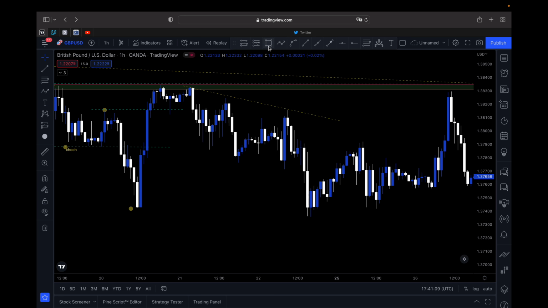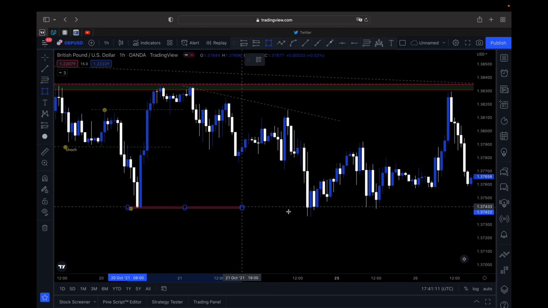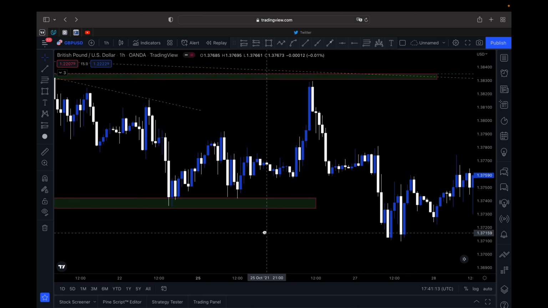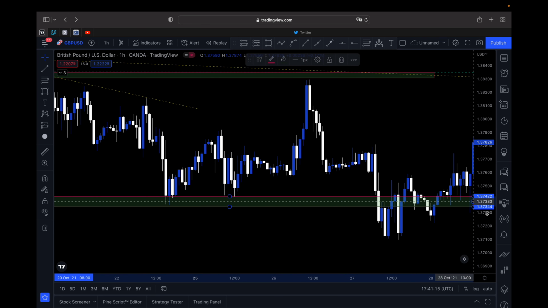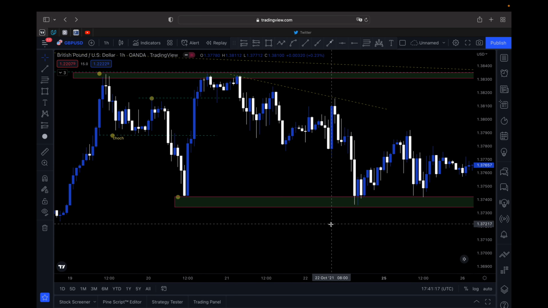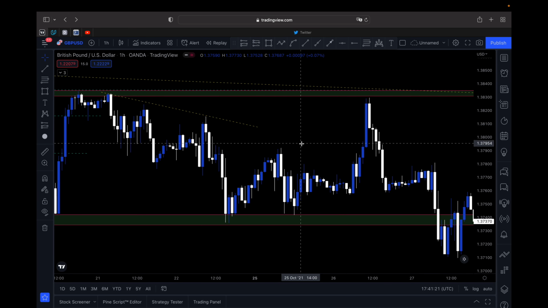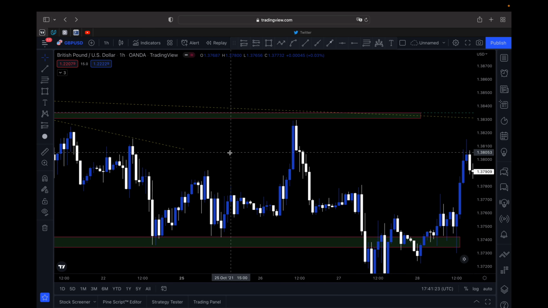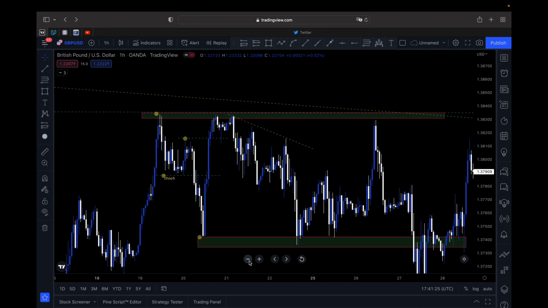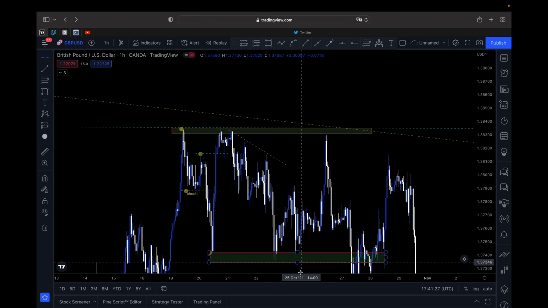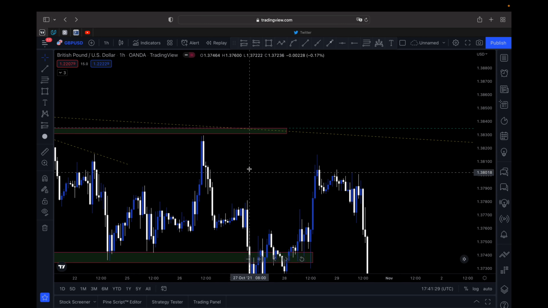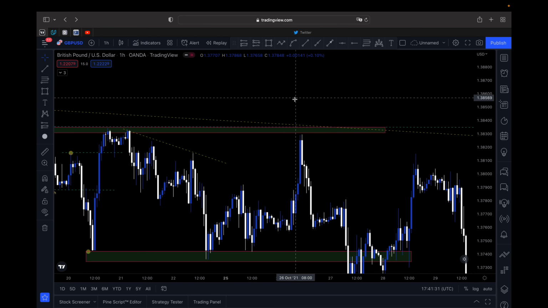Price created a support level at around here and bounced off. This is where price got very close to our trend line here.